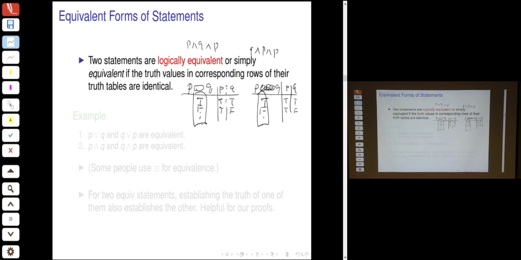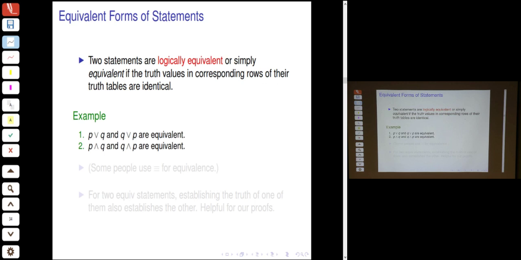I think this is intuitive, but somehow when you read the words, it sounds a bit complicated. But actually, it's extremely simple. Here's an example. For example, P or Q and Q or P are equivalent. Because if you give P and Q the same truth values, both formulas will return the same truth value, right? So therefore, they are equivalent.